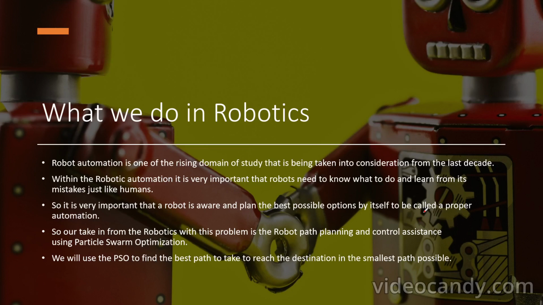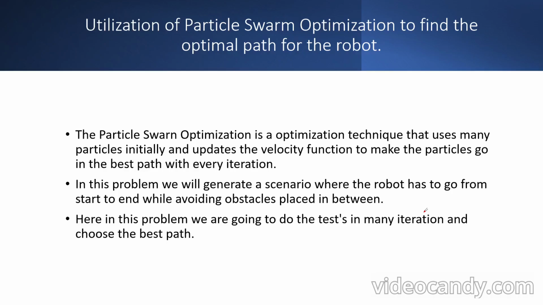The algorithm which I am currently using in this topic is particle swarm optimization. Where I am going to use it is in path planning and control assistance of the robot. So we will use particle swarm optimization to find the best path to reach a destination while avoiding the objects or obstacles in between, by the smallest path possible.